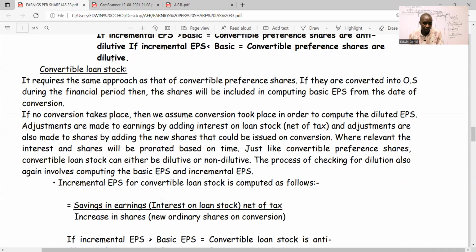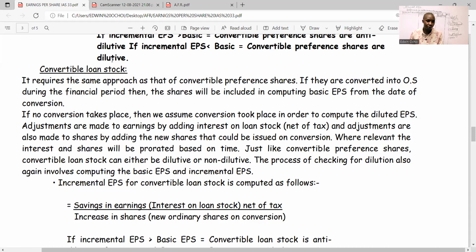If they are converted into ordinary shares during the financial period, then the shares will be included in computing basic earnings per share from the date of conversion. That is what we did. Remember that the total value of the convertible bond was 25 million.